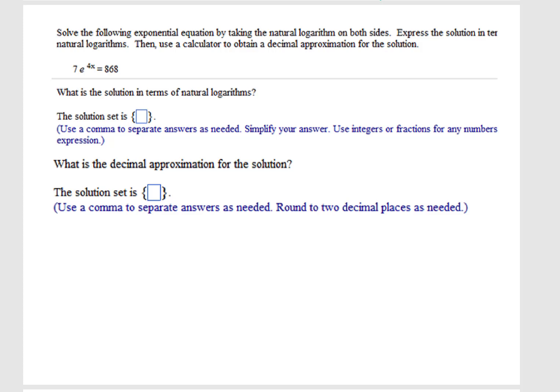So here they tell us to use natural logs on both sides. And so we know to jump to that right away. But I want you to take a look at something. So because there's an e in this equation, I know that if I take the natural log of e, that I can drop that natural log of e, right?